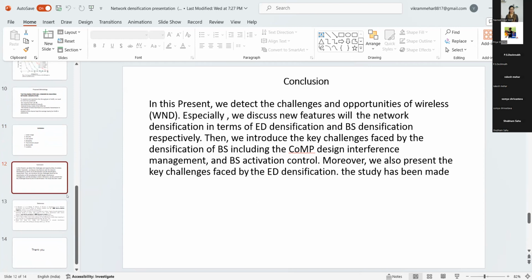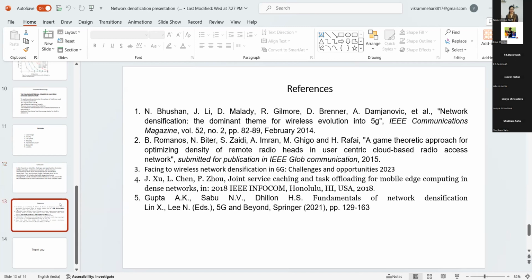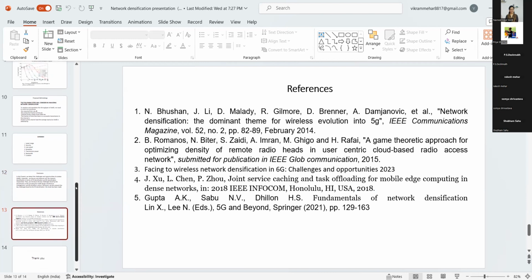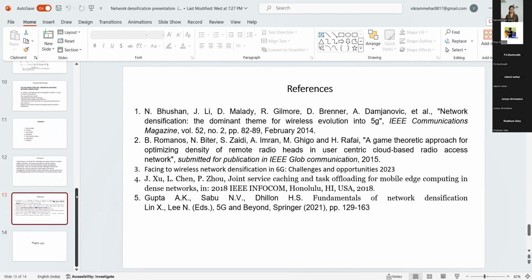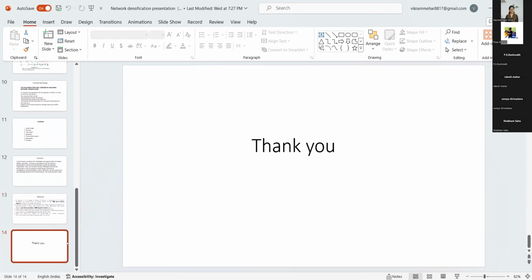Then we introduce the key challenges faced by densification, which include the fetch and best activation control. I used many references on wireless communication networks and 6G challenges. Thank you, ma'am.